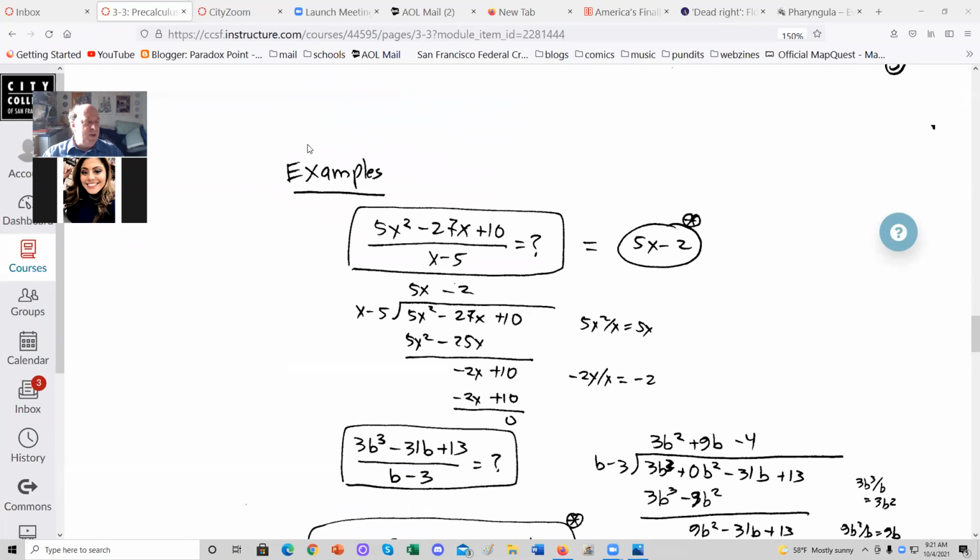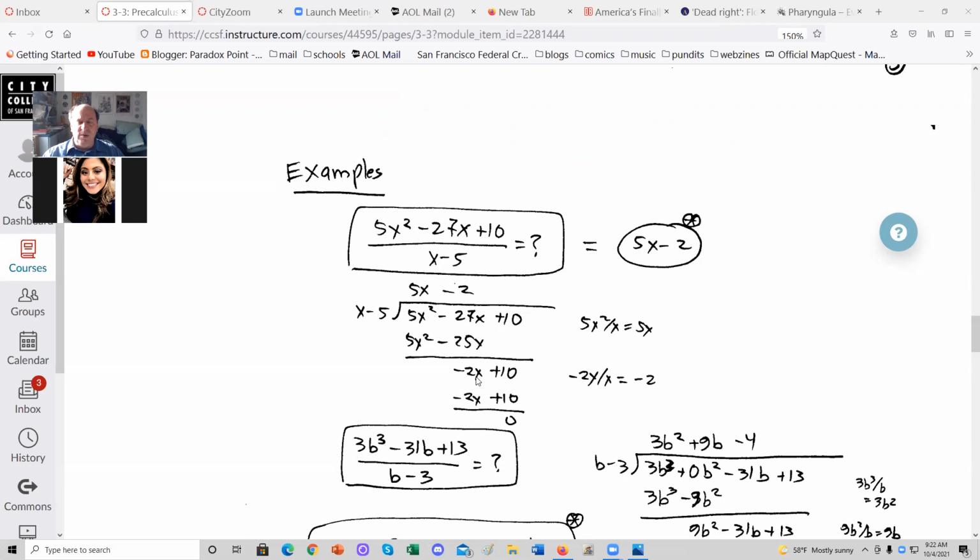All right, here, for example, 5x squared minus 27x plus 10 over x minus 5, what is that? I put x minus 5 outside the long division and put 5x squared minus 27x plus 10 inside of it. 5x squared over x is 5x, put that in the quotient, times x minus 5 is 5x squared minus 25x.